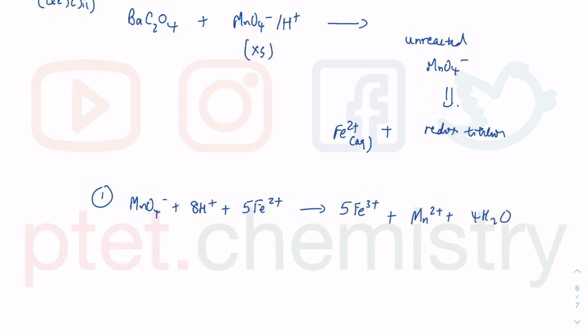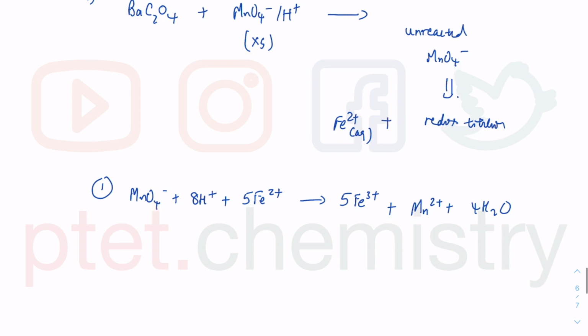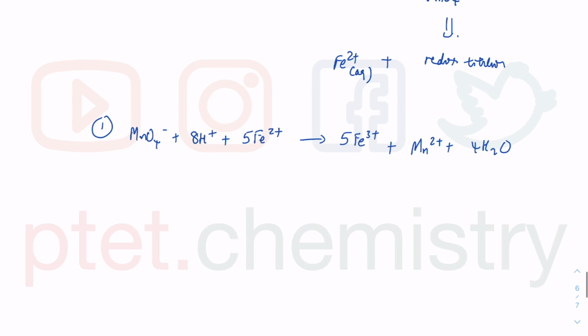What I've done is I've combined to give you the full equation by multiplying the iron 2 and iron 3 equation by 5, and you get 5 electrons on the right. They will cancel the 5 electrons on the left for the reduction of the manganese plus 7 to manganese plus 2. From there, I can work out my mole ratio.